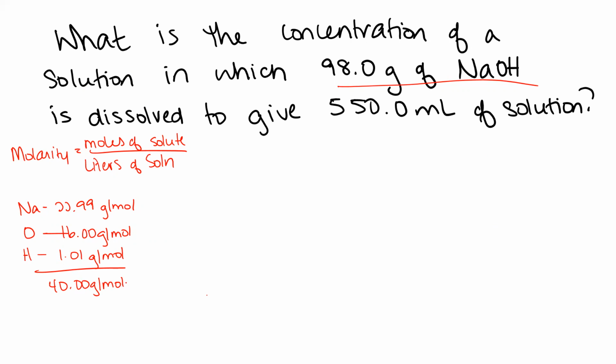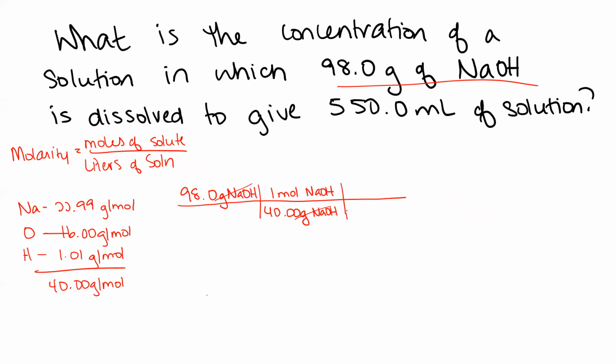So now that we have that, we can go ahead and write down our 98.0 grams of NaOH. Draw our brackets. So we know that we have 40.00 grams of NaOH per 1 mole of NaOH. Our grams cancel. So now we're in moles, which is where we want to be.